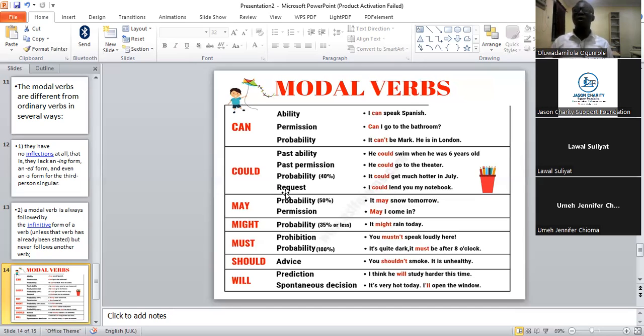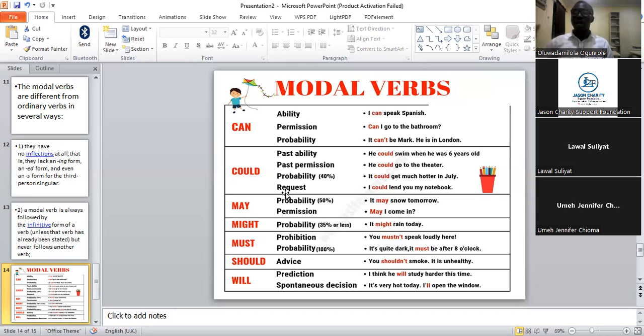Now, I may also use it to show a state of probability. I can say, it can't be Mark, he is in London. What I'm saying is that there is a probability that Mark is not the person we are talking about, because Mark is not around. So look at the completion of the sentence: it can't be Mark. Why can't it be Mark?